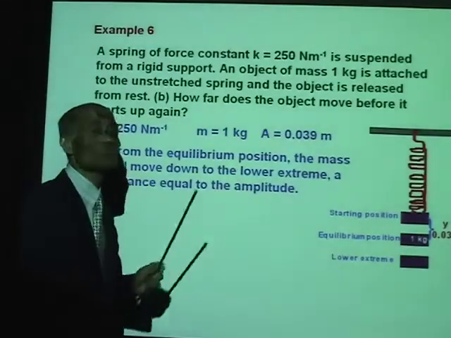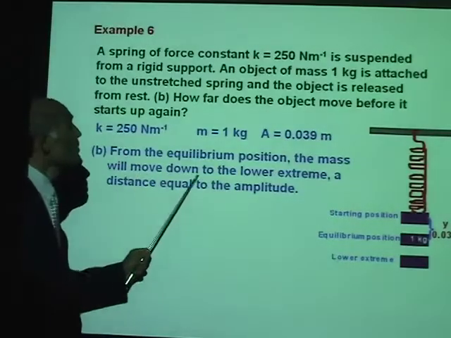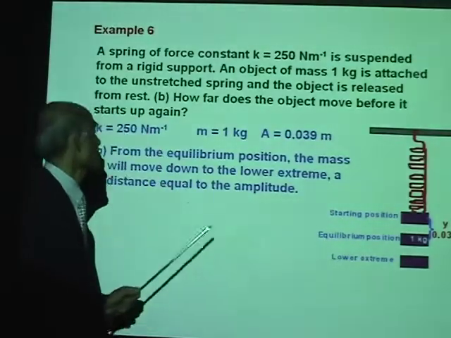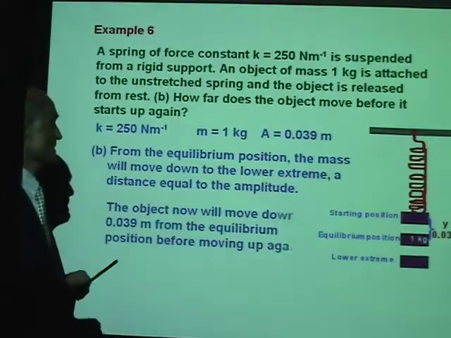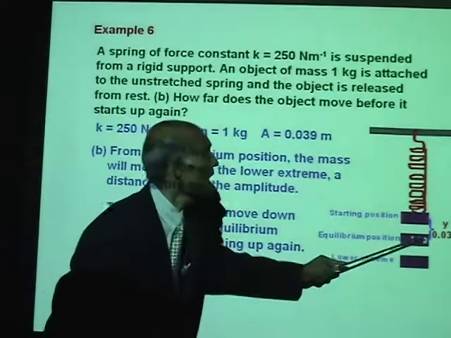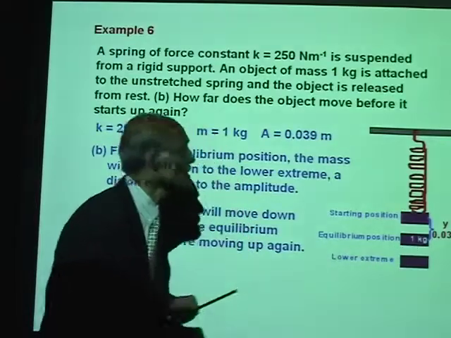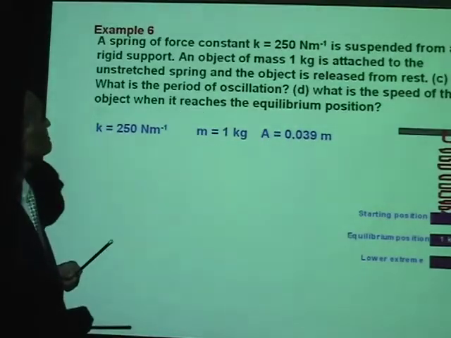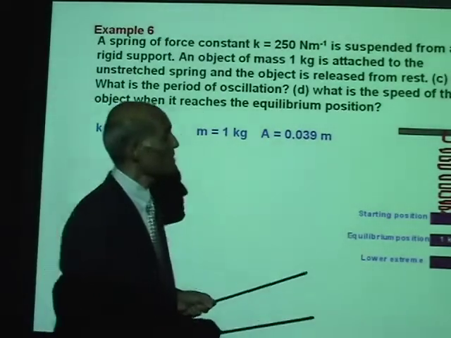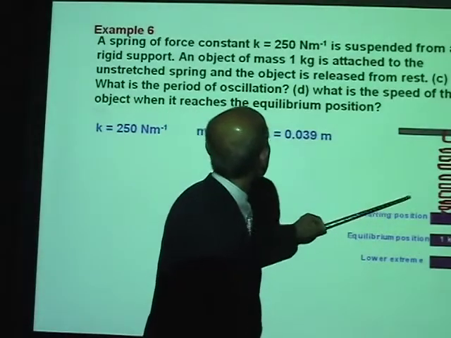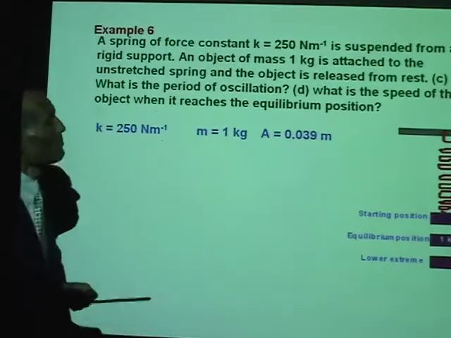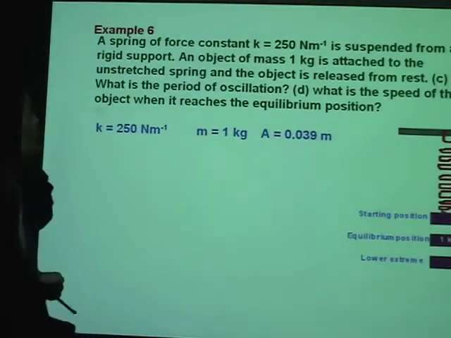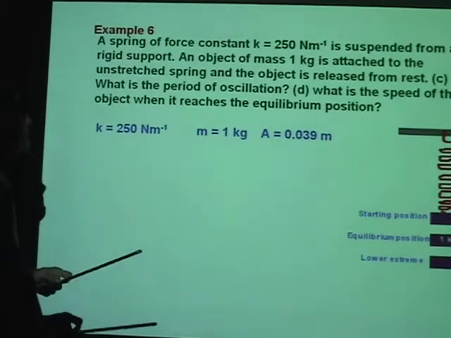From the equilibrium position, the mass will move down to the lower extreme a distance equal to the amplitude. That means it will go down another 0.039 meter from the equilibrium position. So the total distance it will move will be 0.039 plus 0.039.